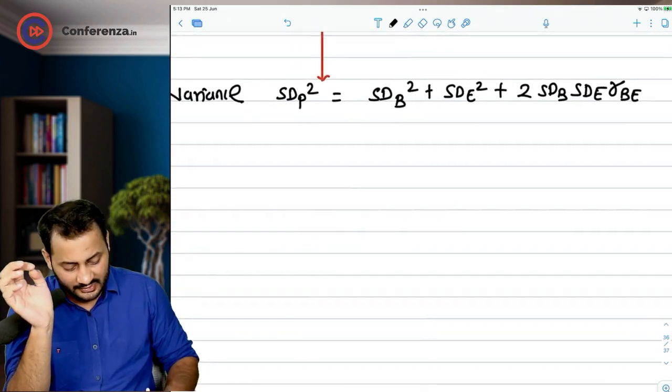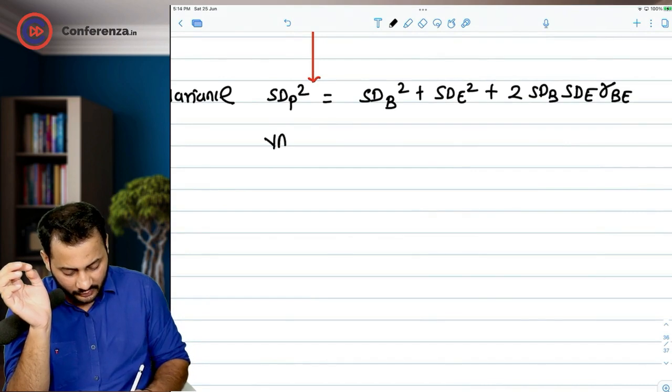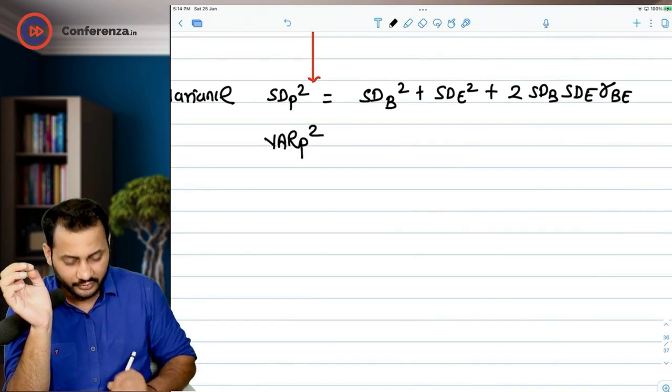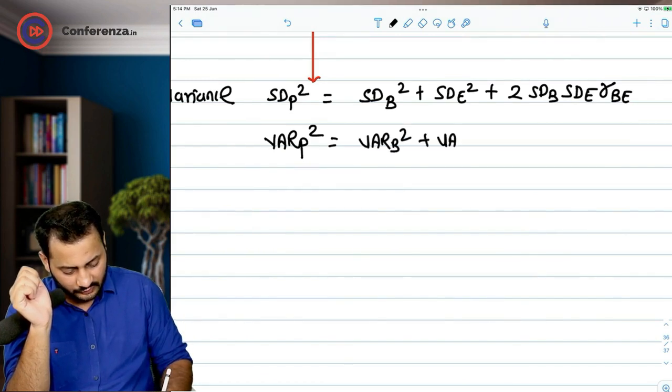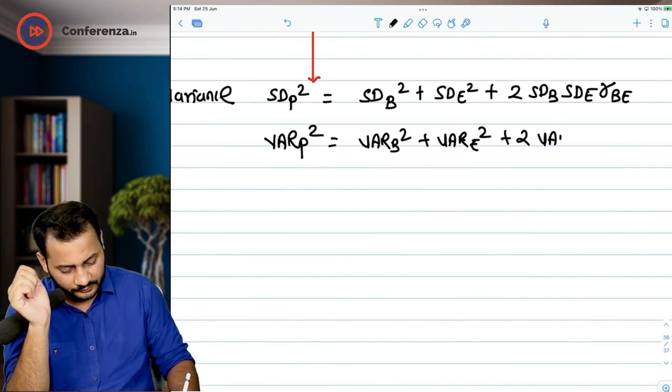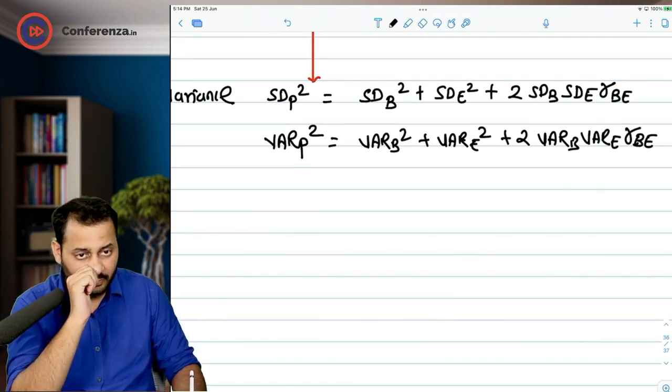In a similar manner, we can calculate the VAR of the portfolio square. It is very easy. VAR of the bond square plus VAR of the equity square plus 2 into VAR of the bond, VAR of equity, and correlation coefficient of bond and equity.